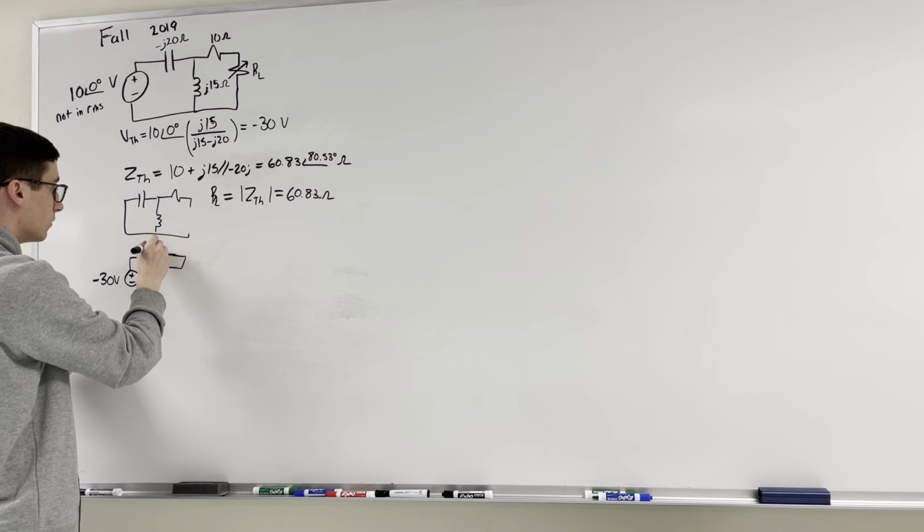Then we're going to go from this Vx to ground, which is going to be Vx over 3 ohms. And now finally, go from this Vx to this 50 volt voltage source. So Vx minus 50, phase angle is 0, all over, then we went through this J6 inductor. So 6J.